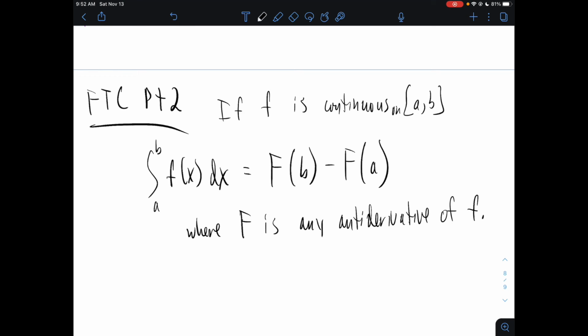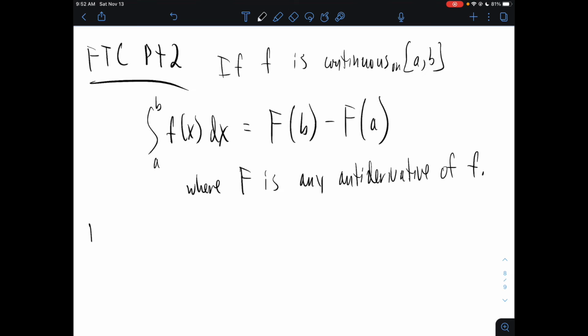So let's see how this works with a very simple example. This is going to be number 25. And what page is this on? This is on page 400.